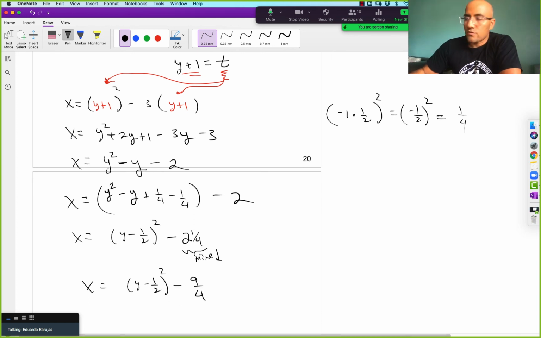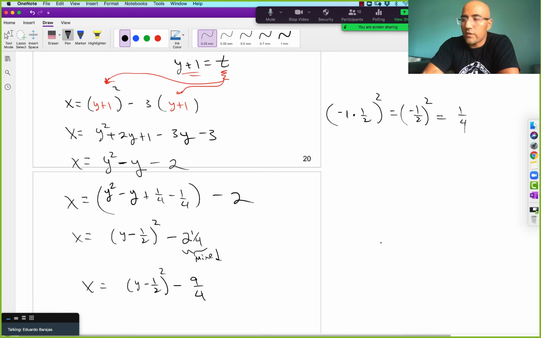Okay, so now that we got it into this form, we can see it's a parabola. You can see the vertex. It's got a vertex at 1/2 comma negative 9/4. But we have to be careful that this thing has been switched, right?